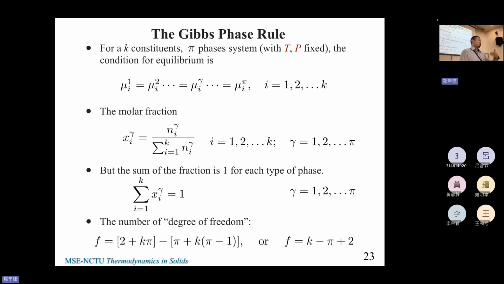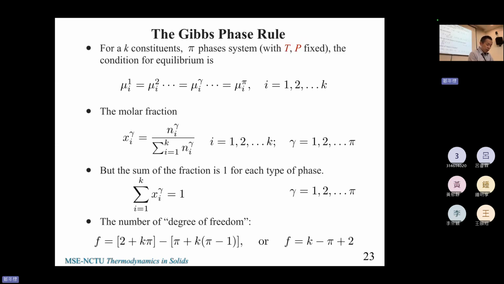For example, you have tetragonal, rhombohedral, and so on, systems, all right? And with temperature, phases maybe gas or liquid or solid, okay? So they have pi systems with temperature and pressure fixed.